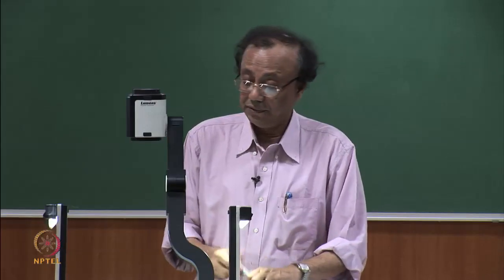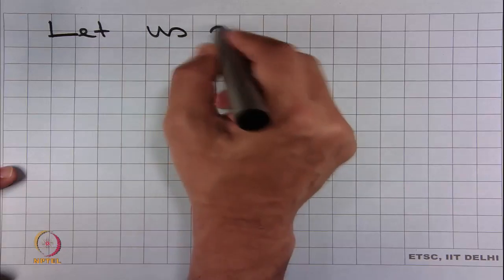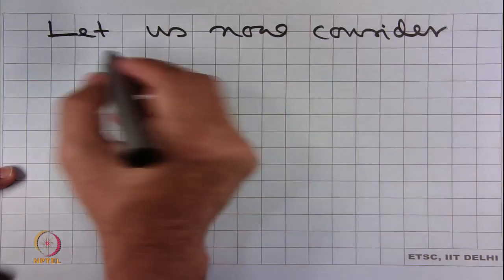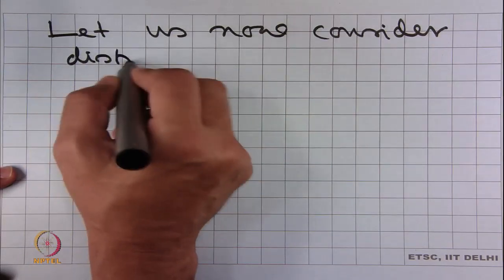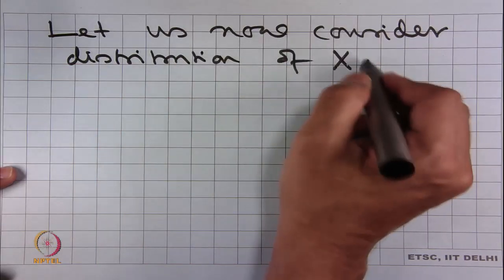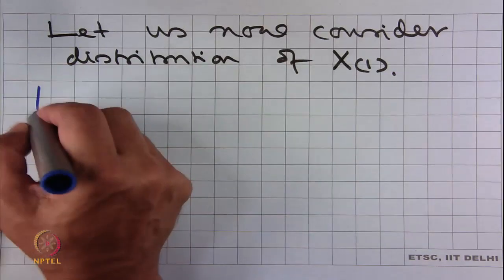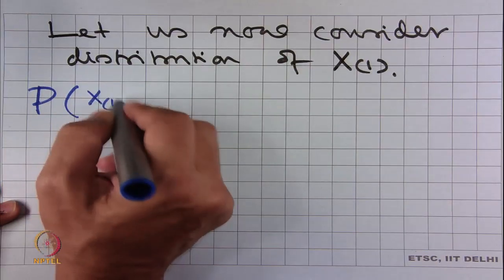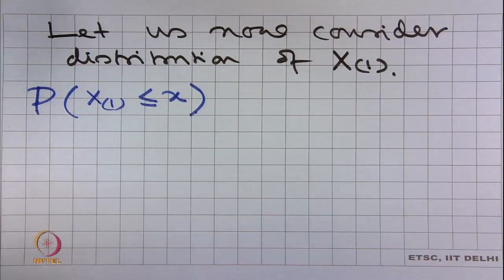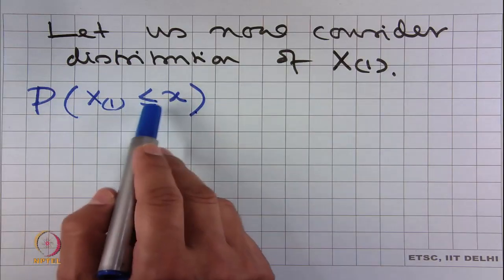Now, let us consider the distribution of x 1. So, what is the probability that the smallest of the observations is less than or equal to x?